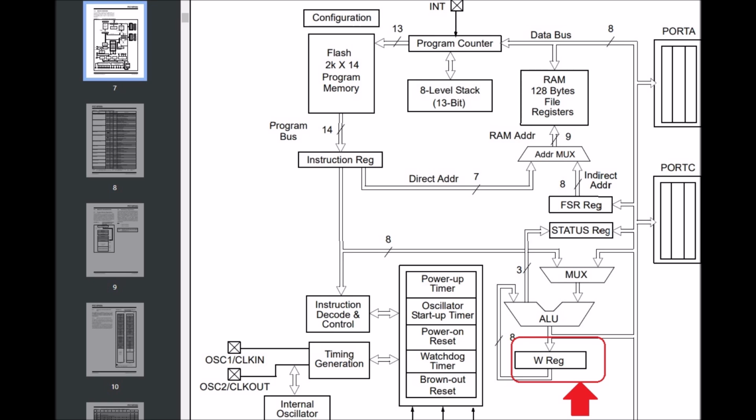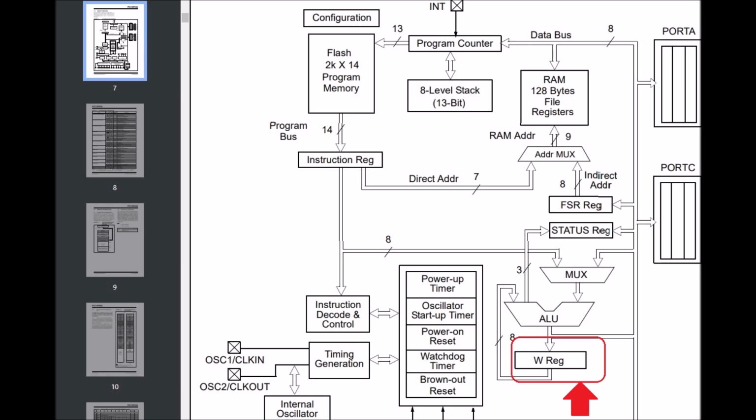Data transfer. The WREGE is involved in transferring data between the microcontroller's CPU and its memory or I/O ports. For instance, data read from memory or an I/O port might be placed into the WREGE before further processing or storage.